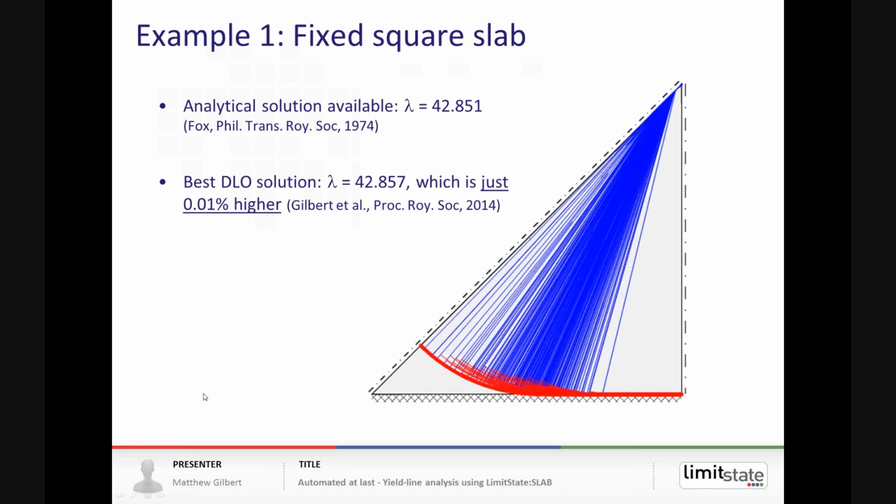If we solve using our method, which we call discontinuity layout optimization, then using quite full nodal density, we get to within 4 significant figures. So only the last one here is different, so 0.1% higher.